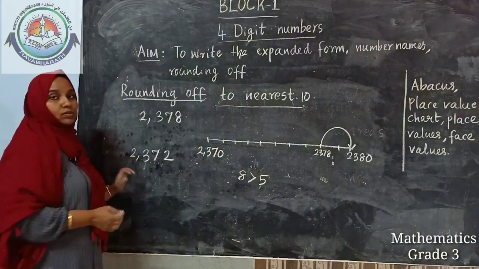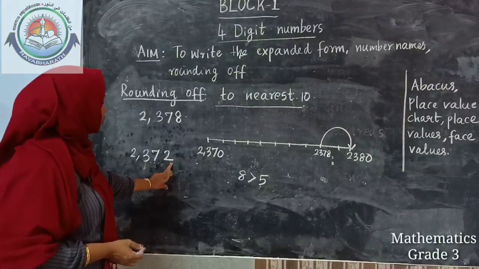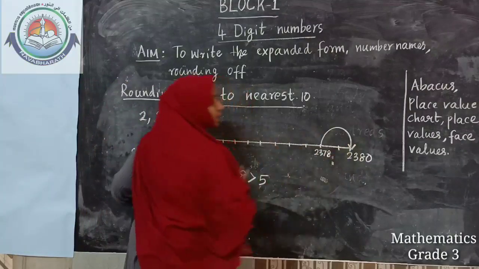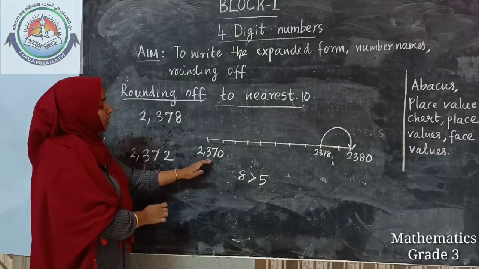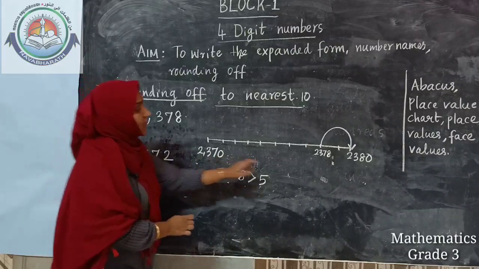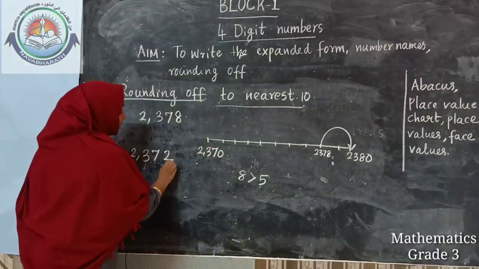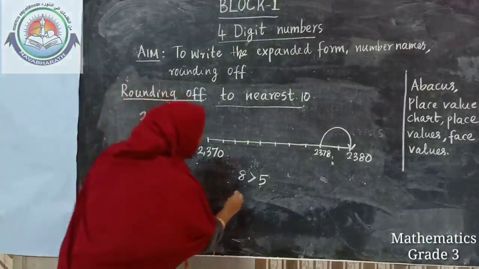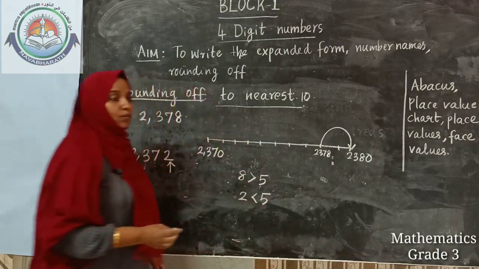2372. Okay? First, what is our first step? We should draw a number line, and this number lies in between 2370 and 2380. Then the number at the ones place is 2, and 2 is less than 5.